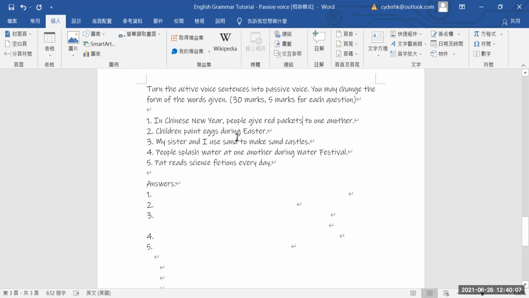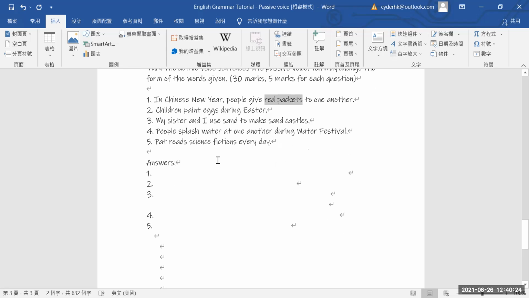So let's see. We have the subject here. We have the action or verb here. Red packets is the object, and "to one another" is also the rest of the sentence. So we put red packets, which is the object, at the very first. So, in Chinese New Year, red packets something. Then we use be. Here we can see that "give" is present tense, and red packets is plural.